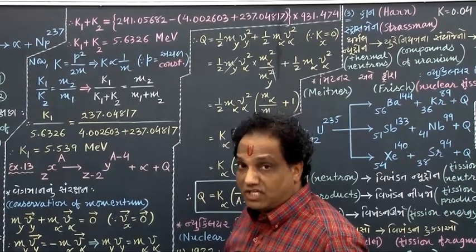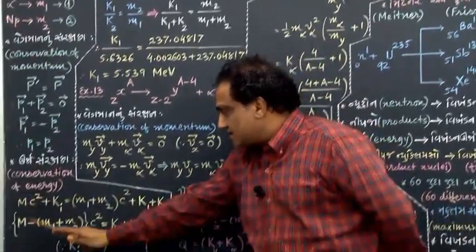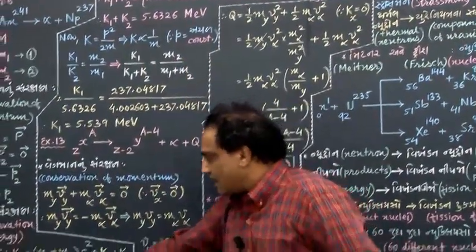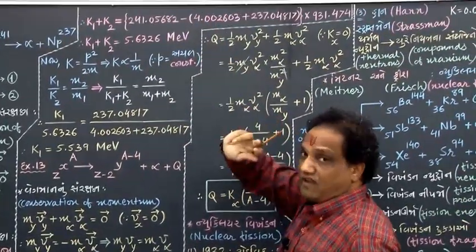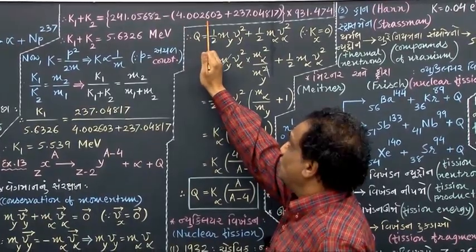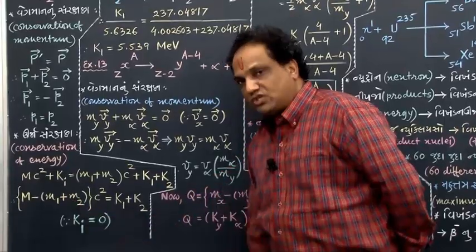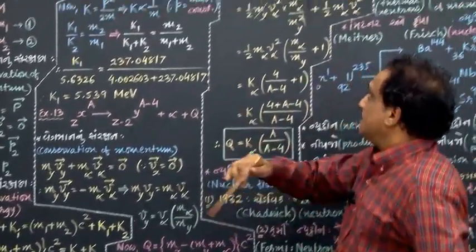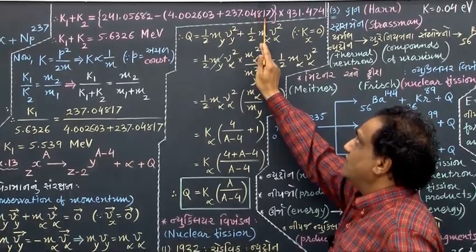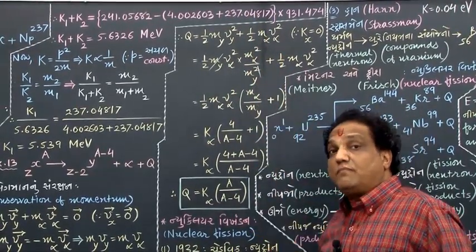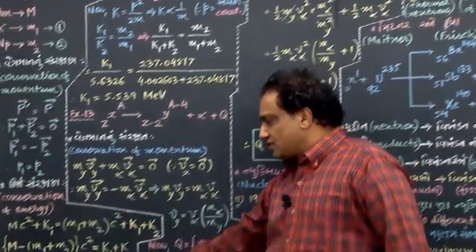That many atomic mass unit, which is given to you in the statement, minus, come on, this is mass of alpha particle, given to you in the statement, 4.002603 atomic mass unit, plus this is mass of neptunium nucleus, which they are given in the statement, 237.04817. This many atomic mass unit. But now don't write into c square.